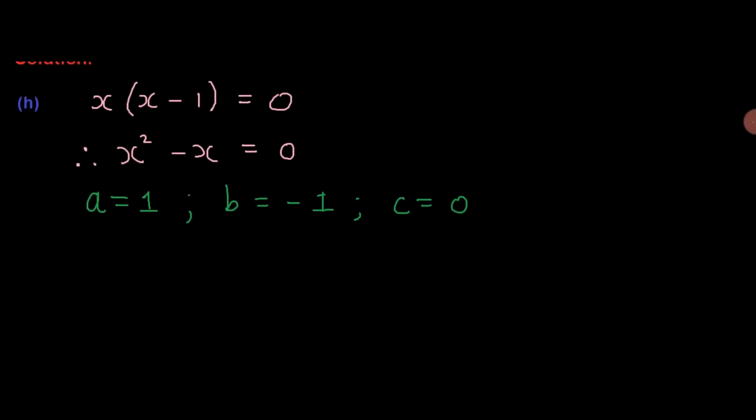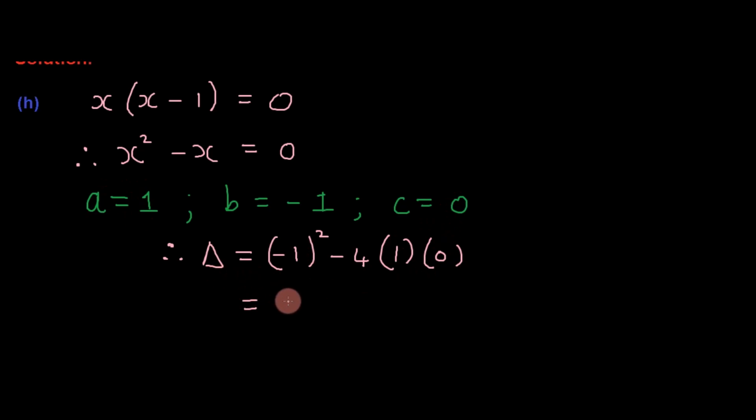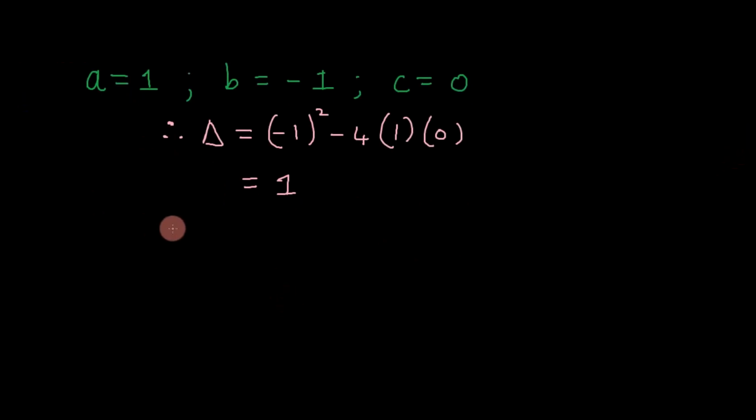Now we can find delta. It's going to be b squared, so negative 1 squared, minus 4 times 1 times c. And c, of course, is 0. So we end up with delta equal to positive 1. So we can see that delta is greater than 0, and also a perfect square.